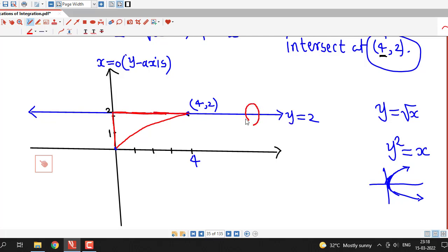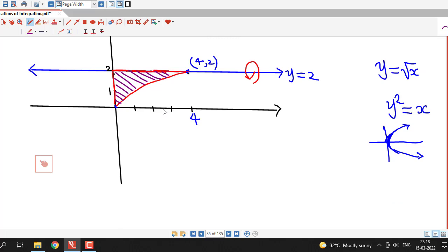So we have to rotate about y equal to 2.